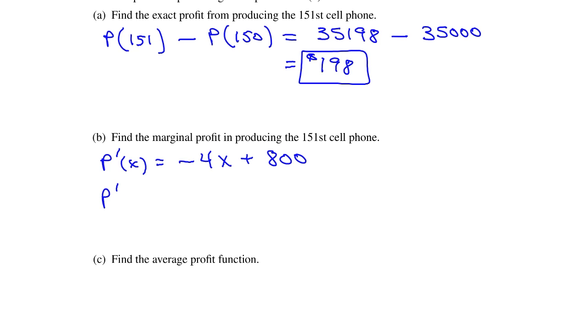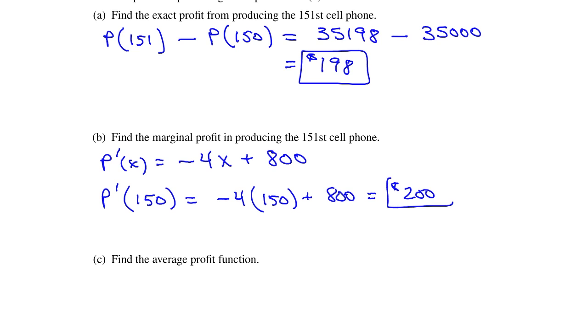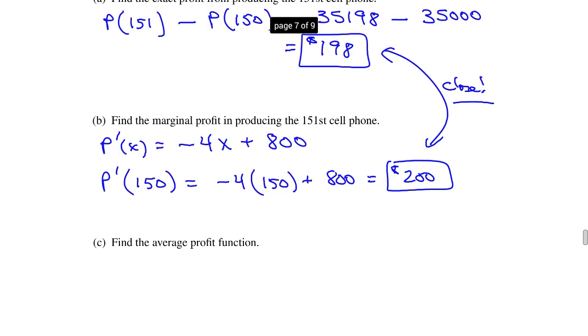So you really want to find the derivative evaluated at 150. So it's negative 4 times 150 plus 800, which is $200. Again, the exact and the marginal should be very close to each other.